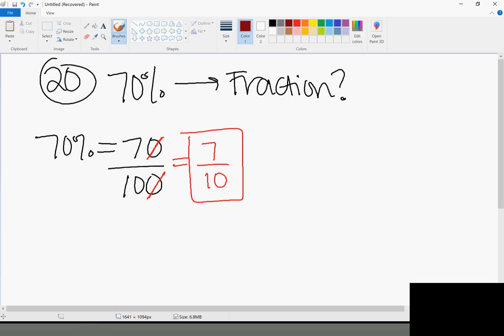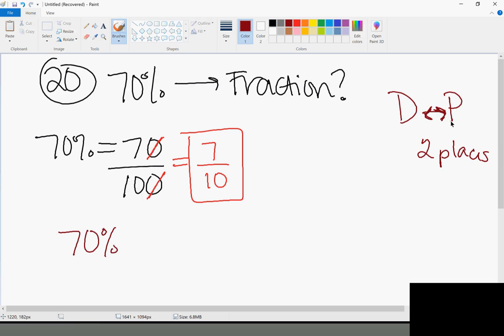Another way you could do it is to take the 70% and change it into a decimal. To go from a percent to a decimal, I like to write it like this. The decimal to percent and percent to decimal. You move 2 places. Which way do you move? If you're going from decimal to percent, you move 2 to the right.